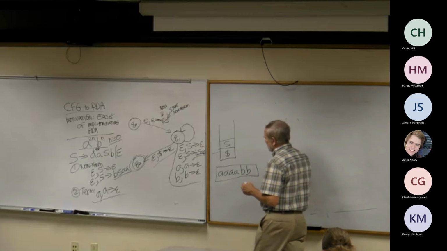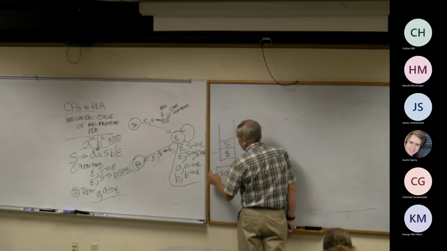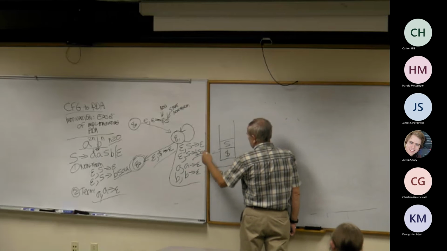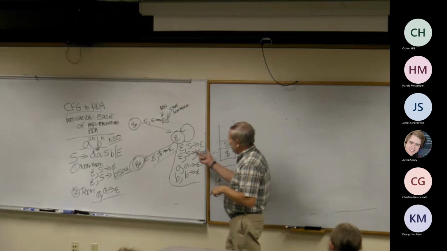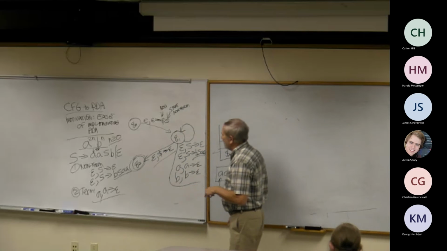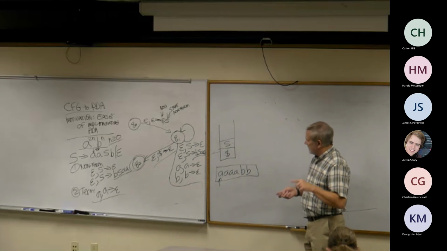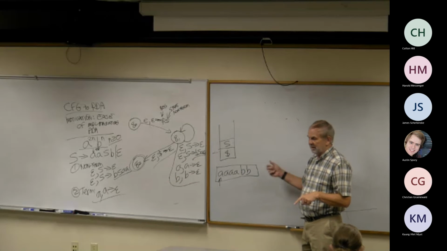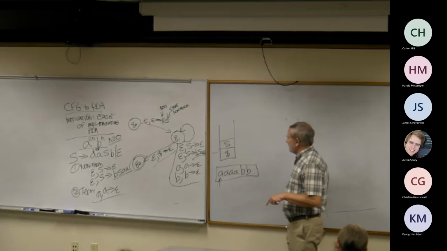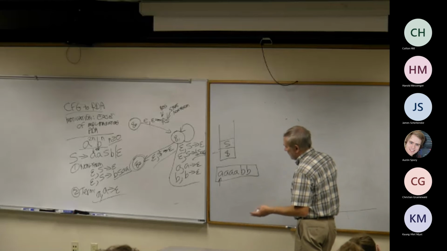A bad choice at this point would be applying this epsilon rule and popping the S off, which would immediately cause us to jump down here. We should say, yay, we emptied the stack, we've got an accept state, and oops, we didn't use something in the input. So that would fail.